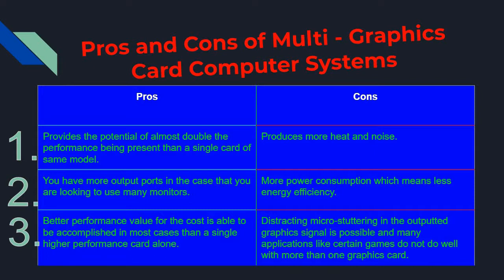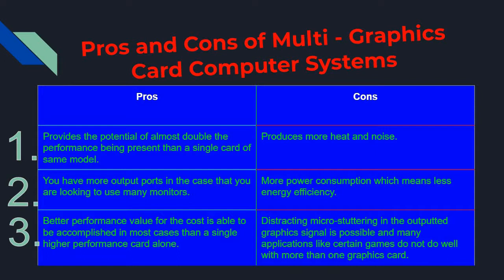They do provide the potential of having double the performance present than having a single graphics card of the same model. You are going to be looking forward to having more ports in the case that you want to use many monitors that one of them is not going to be able to support enough ports for. Or it's also good for future proofing if you are planning to add more monitors in the future.